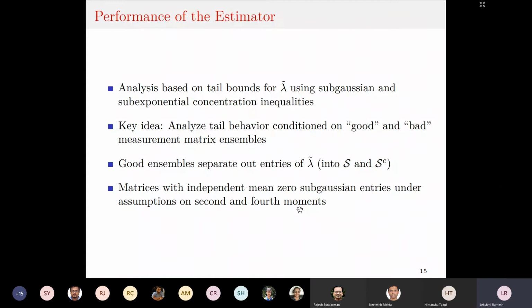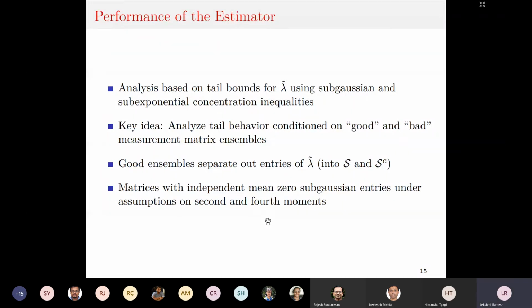So phi matrices that come from this class of distributions, for those matrices you can show the error to be small. That error depends on n, and when you equate it to some small number and do the computation for n, it shows scaling like k squared over m squared. So that's the upper bound part.